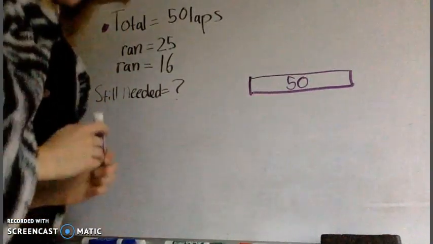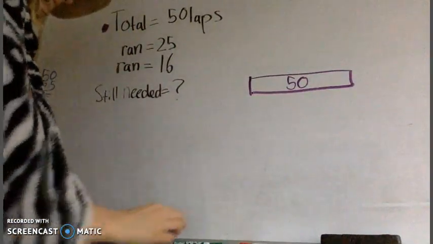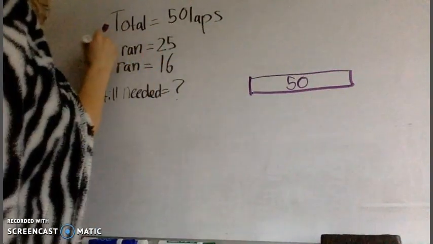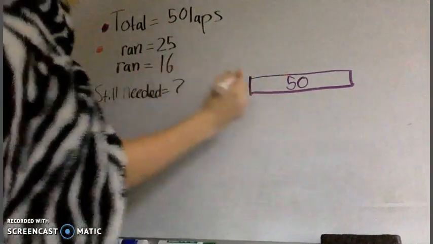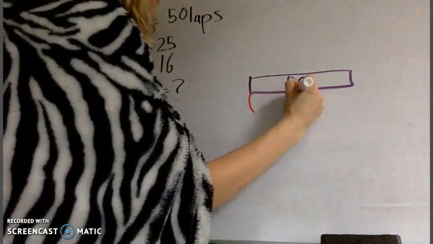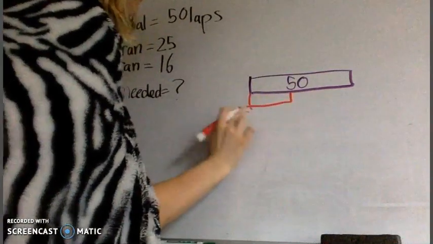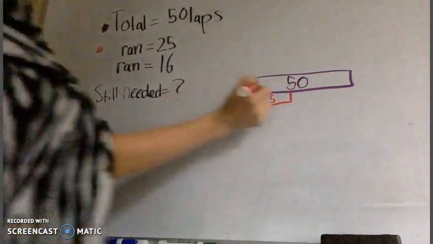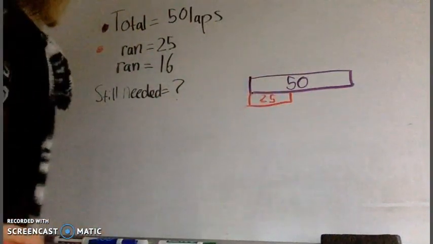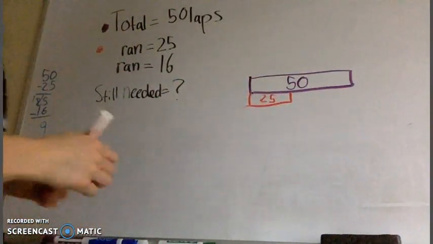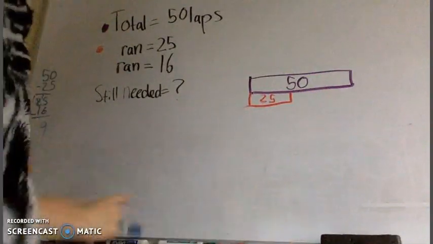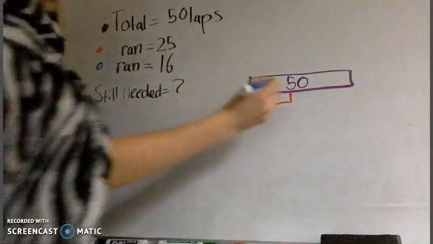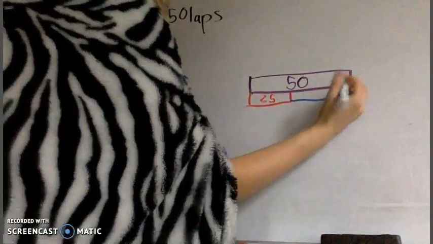Now, this is where it gets a little different. I will start with my red like I always have. Part of that 50, we ran 25 laps. So I'm going to put 25 in here. First we ran 25 of the 50 laps we needed to run. Then we ran 16 of the 50 laps that we needed to run.